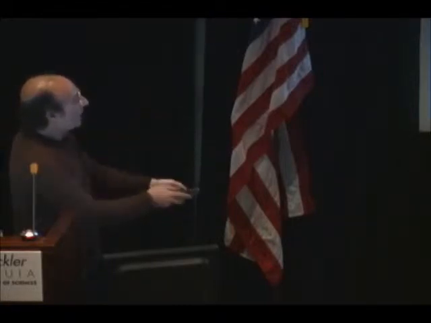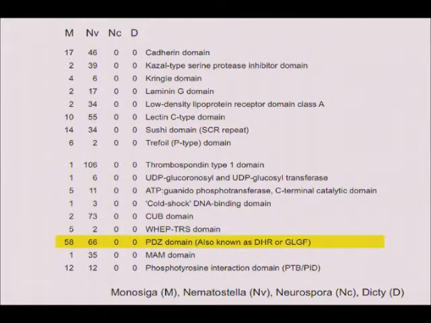But here you can see that in these organisms, Nematostella and as early as Monosiga, there is a large number of domains, including the PDZ domain. So PDZ domains expanded greatly at this time, around the origination along some ancestor of Monosiga and all animals.